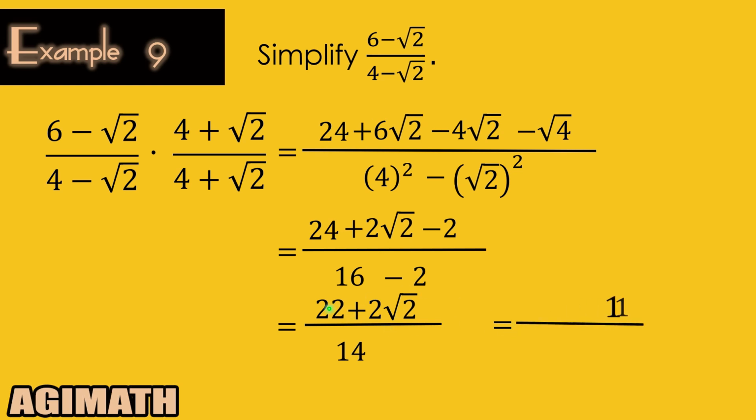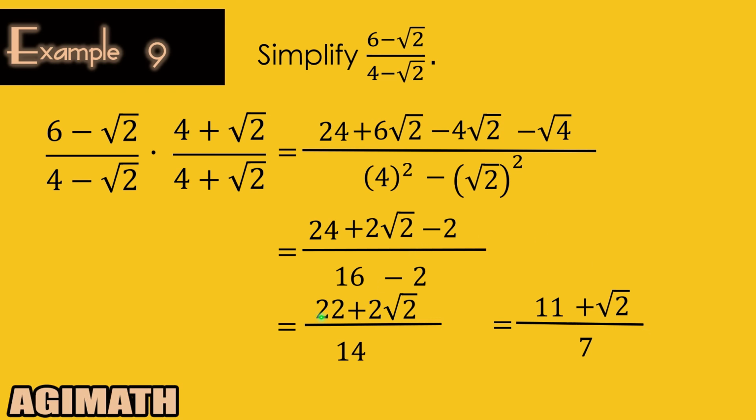So 22 divided by 2 is 11. 2 divided by 2 is 1. When it comes to this term, only focus on the numerical coefficient. Do not include the radicand. So 2 divided by 2 is 1. We don't need to write 1, but it's understood to be 1. And then 14 divided by 2 is 7.